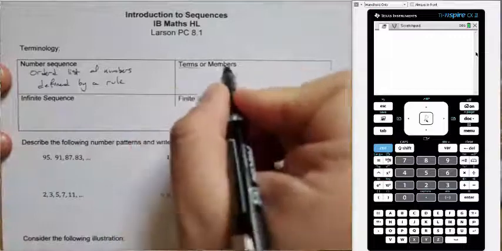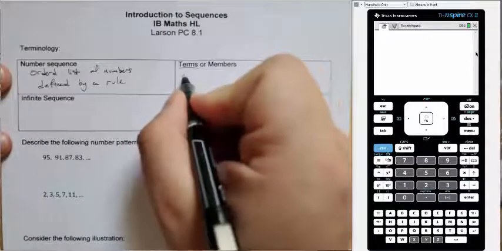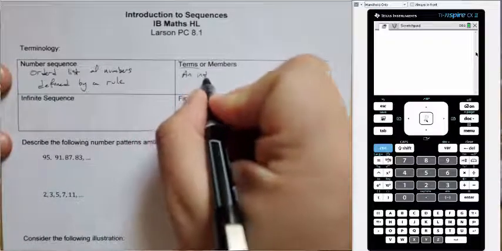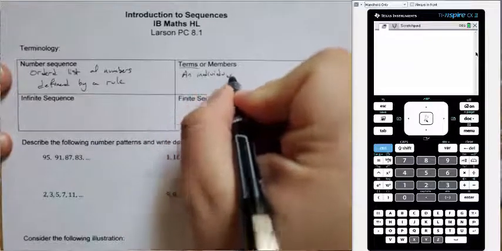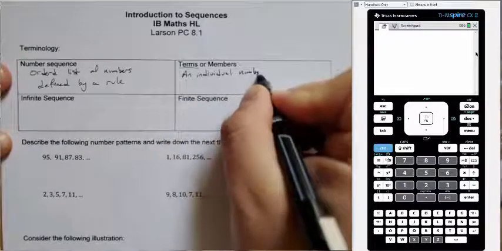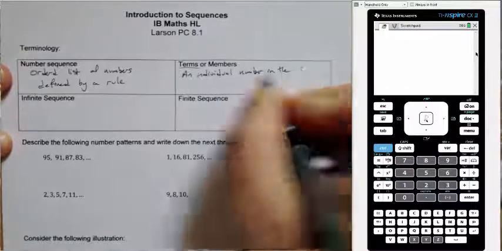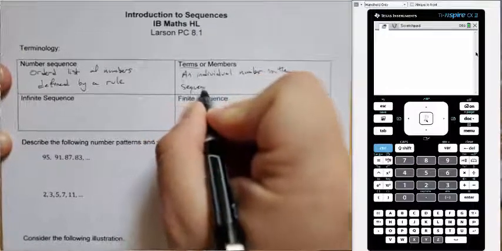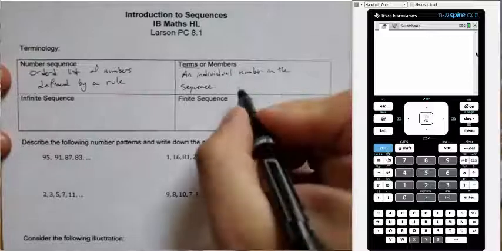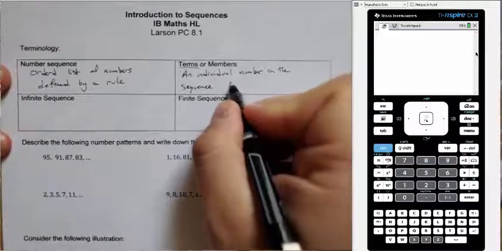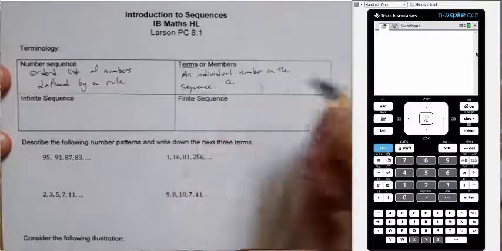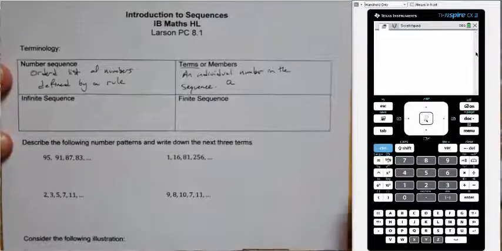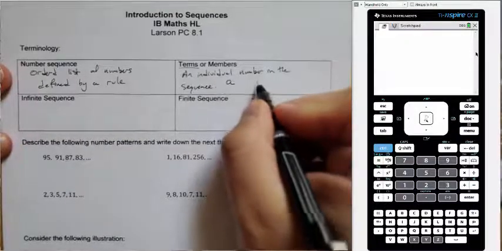The terms or the members of a sequence is just an individual number in them. A number in the sequence. The symbols we use for those, in general, we use for a sequence. We give the sequence a name, usually a single letter like A, or sometimes IB likes to use U for the sequence.